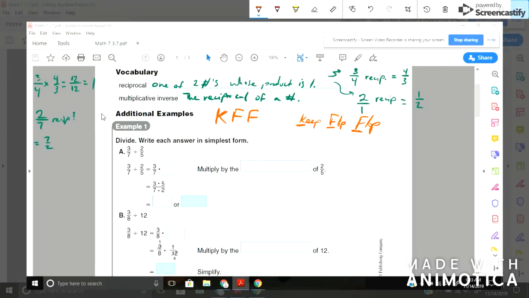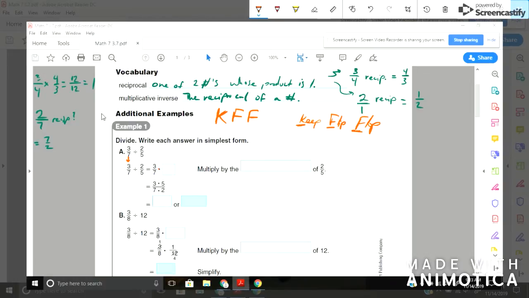What that means is you keep your first fraction the same, you flip your division to multiplication, and you flop this second fraction to its reciprocal. Okay? So again, keep. We kept the first fraction the same. Flip your division to multiplication.